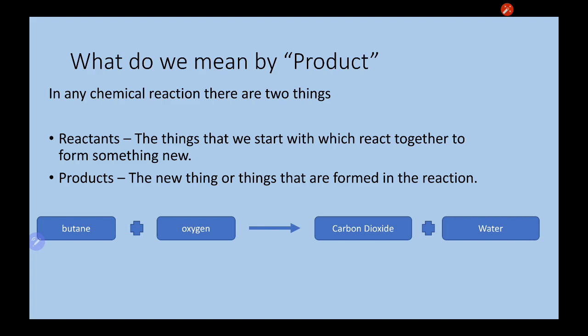We can see that because of the plus signs and the arrows, but it's using words. My task for you just now is have a little look and write down what the reactants are and what the products are. You can pause the video just now and do that.